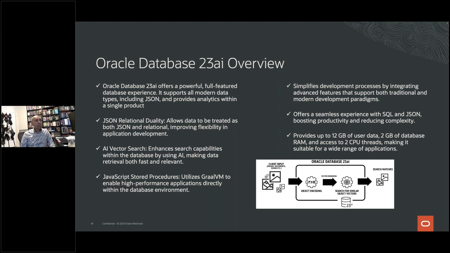One of the things of importance for acquiring all this telemetry is the JSON relational duality. It allows data to be treated as both JSON and relational, improving flexibility in application development. It has AI vector search, which enhances search capabilities within the database by using AI, making data retrieval both fast and relevant.